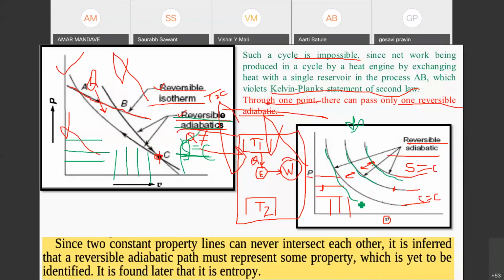That's why this concept of crossing two reversible adiabatic lines is not valid. There will be no common point for two reversible adiabatic lines, and from that we define the term entropy.